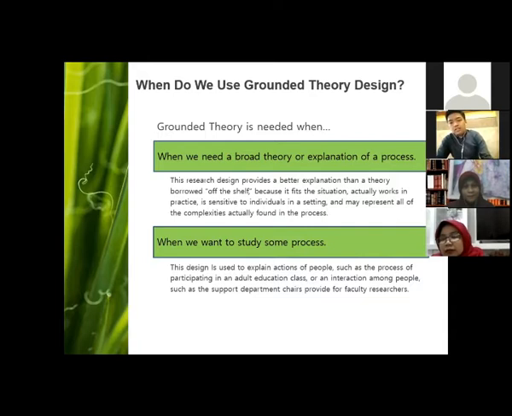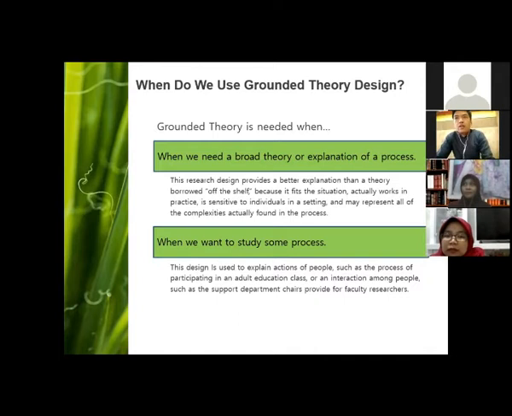It means that this design is used to explain actions of people, such as the process of participating in an adult education class, or an interaction among people, such as the support department chairs provide for faculty researchers. So I think it is quite clear.